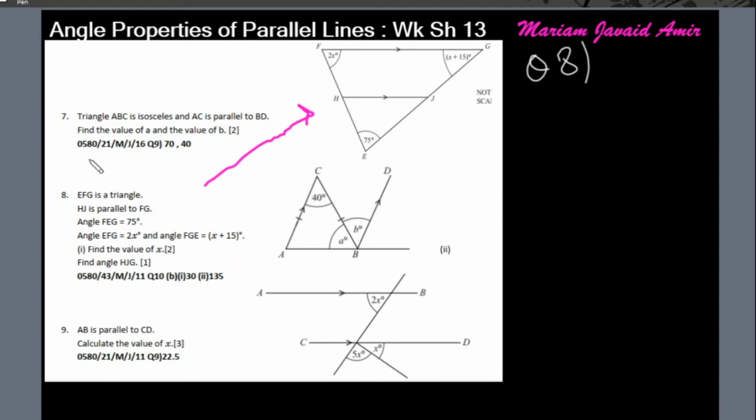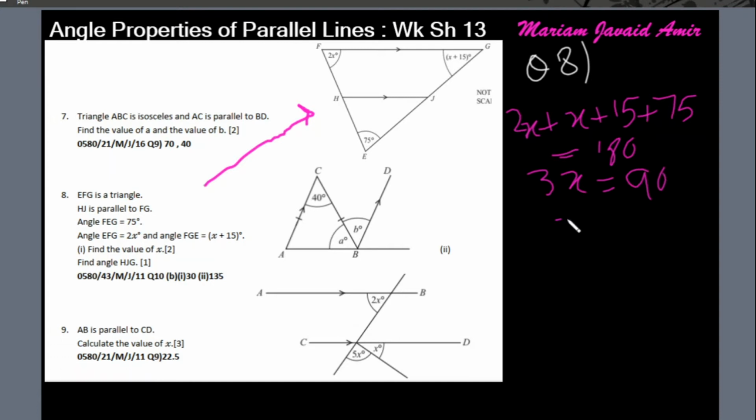For that, simply add the three angles of a triangle and it should sum to 180. So 3x equals 180 minus 75 minus 15, which is 90, and x would be 30.